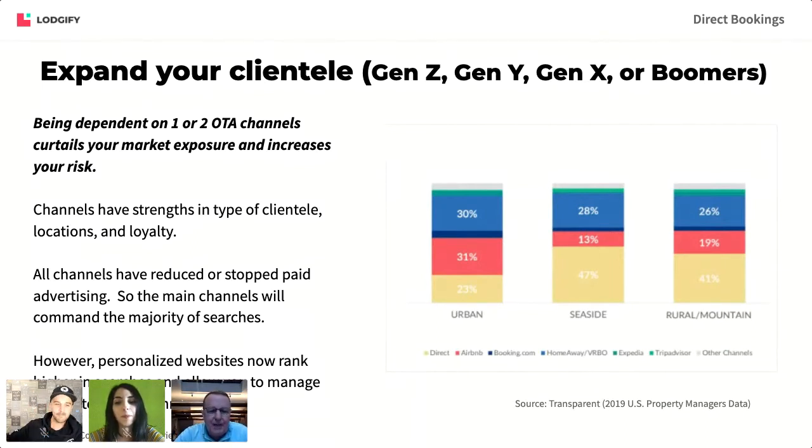For example, Airbnb is very, very strong in urban, Gen X and Gen Y. VRBO is very strong in destination vacation rentals in boomers. Booking.com and Expedia, their strength is in those who never booked a vacation rental before, because they typically book through those channels for hotels. So you need to look at who your client base is and really understand where they're going to be searching for their vacation rental and make sure that you have visibility on that channel overall.